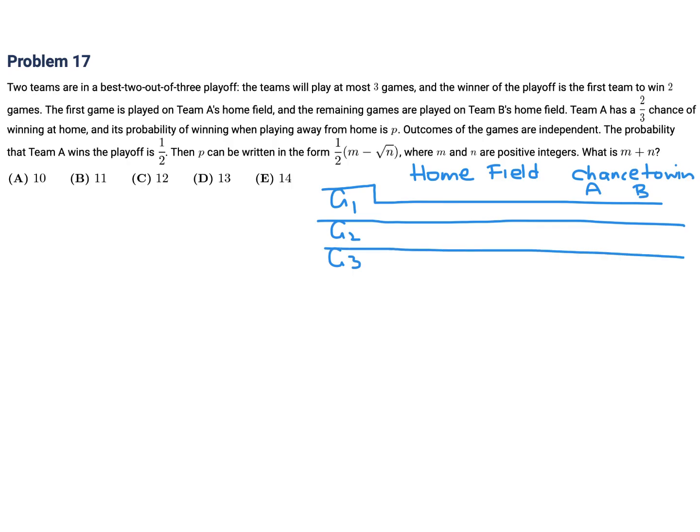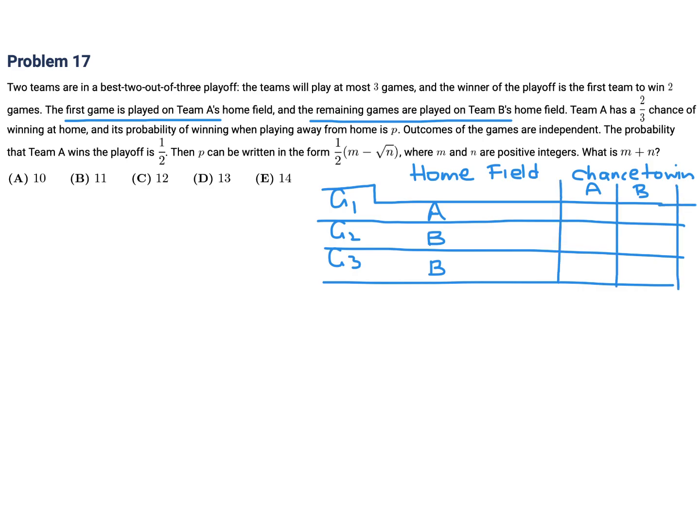So here we go, let's fill out this table. Let me go back and read the question. The first game is played on Team A's field, and the remaining games are played on Team B's. Okay, so this is B and this is B.